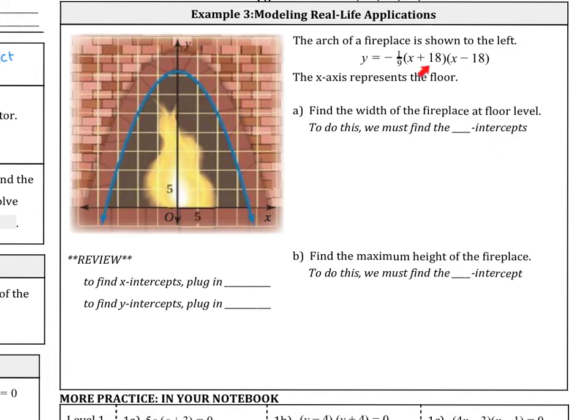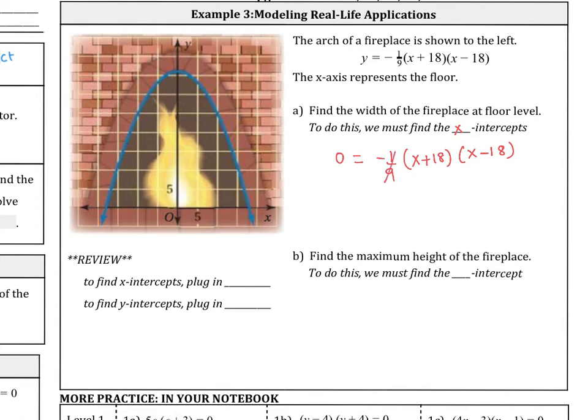X-intercepts mean we're going to find the x values. So for that, we're going to plug in y equals 0. So we're going to find the x-intercept. This becomes 0 equals negative 1 over 9 times x plus 18 times x minus 18.